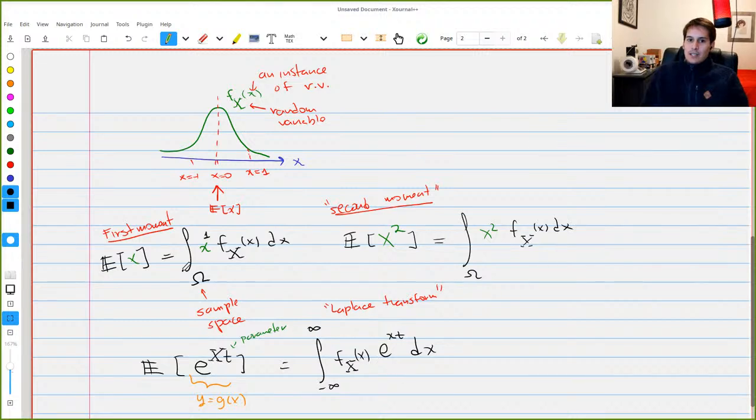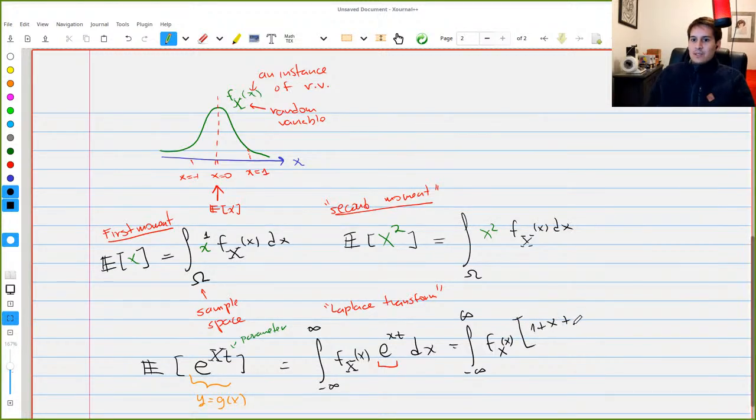But the cool thing is that this exponential can be written in the Taylor series, right? And if you write that as a Taylor series, you'll obtain 1 plus x divided by 1 factorial plus x squared divided by 2 factorial, and so on.